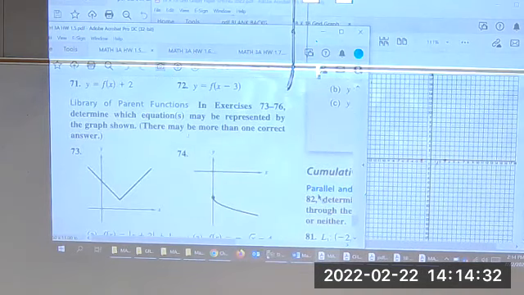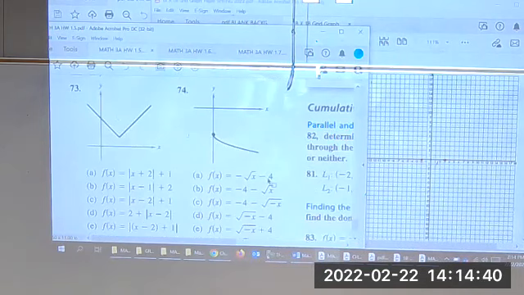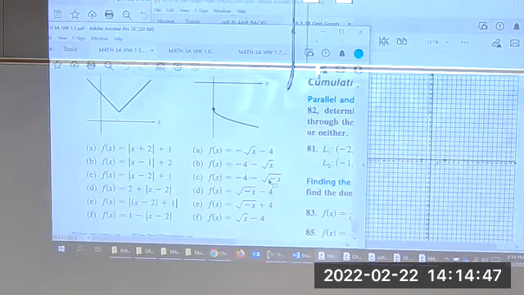7.3. Determine which equations may be represented by the graph shown. There may be more than one correct answer. So that is a picture of an absolute value. Absolute values are V-shaped.